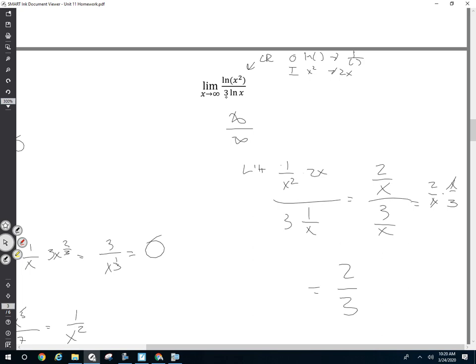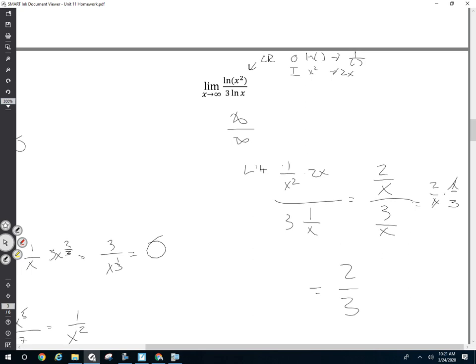Also, you can think about how with log properties, you have a constant times the log of a number. You can write this as 2 log x, and this is 3 log x, and those cancel, and that's 2/3. That's using log properties, because the log of x to a power is p times the log of x. I didn't even actually think about that in the past, but now we got it.